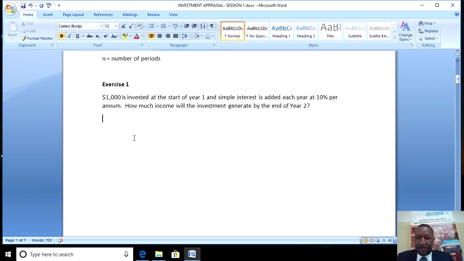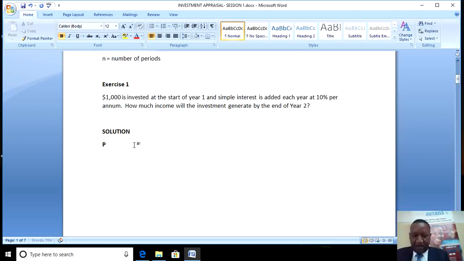R is the rate of interest, N is the number of periods. Exercise 1. 1,000 is invested at the beginning of year 1, and simple interest is added each year at 10% per annum. How much income will the investment generate by the end of 2 years? So in your solution, you must first of all look at the variables that are given in the question.